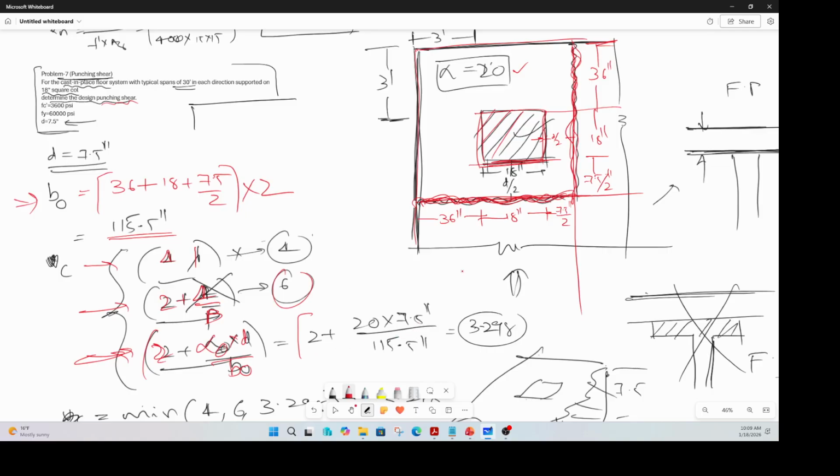Fortunately or unfortunately, that is what governed, because your b naught was that much, this ratio, 1.298. You add that to 2, giving 3.298. But 3.298 is the least when you compare 4, 6, and this number here. So you pick the least value.